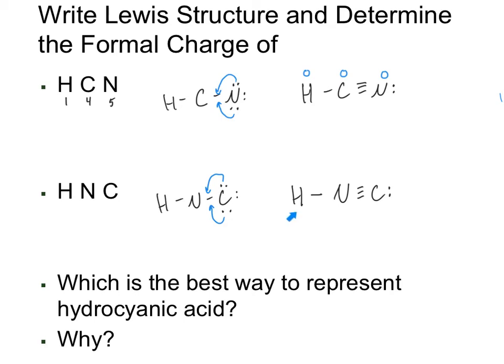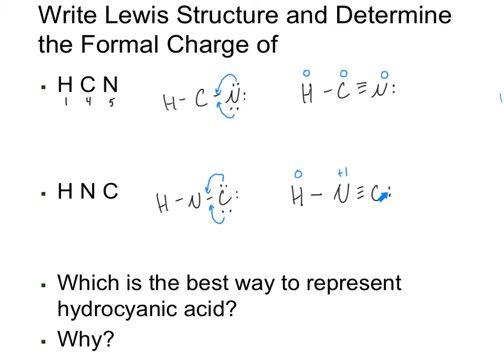Hydrogen came with 1 valence electron. It has 1 electron around it, so hydrogen has a formal charge of 0. Nitrogen came with 5 valence electrons. It now has 1, 2, 3, 4 electrons around it, and so nitrogen has a formal charge of +1. Carbon came with 4 valence electrons.